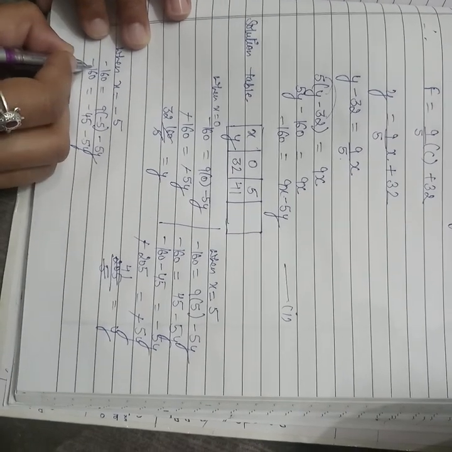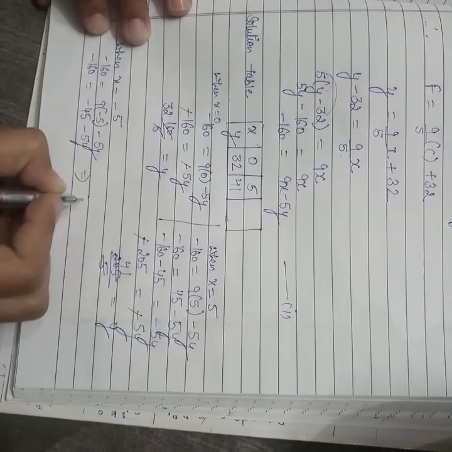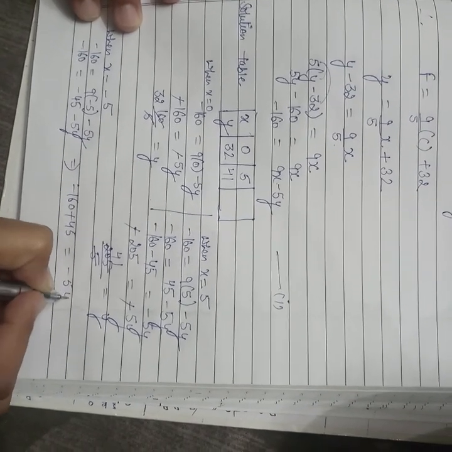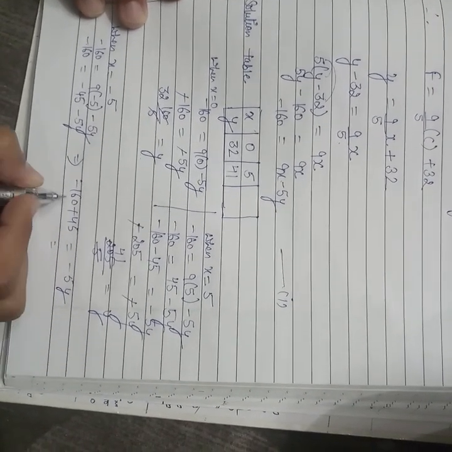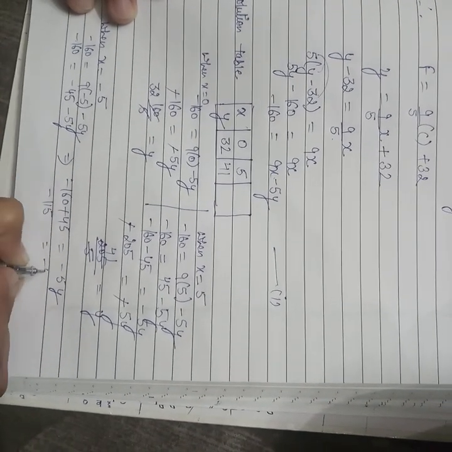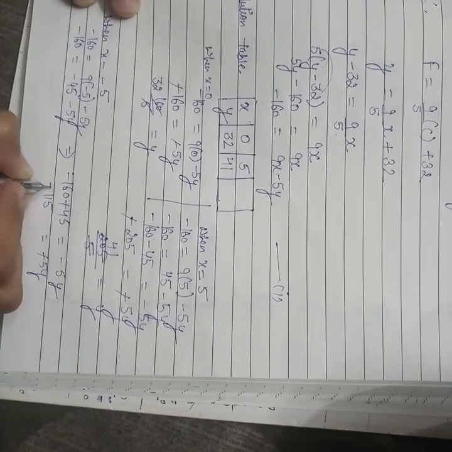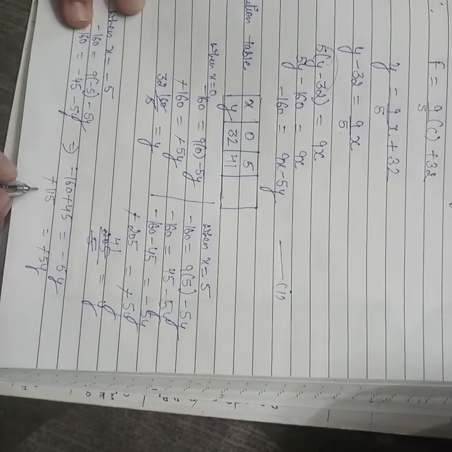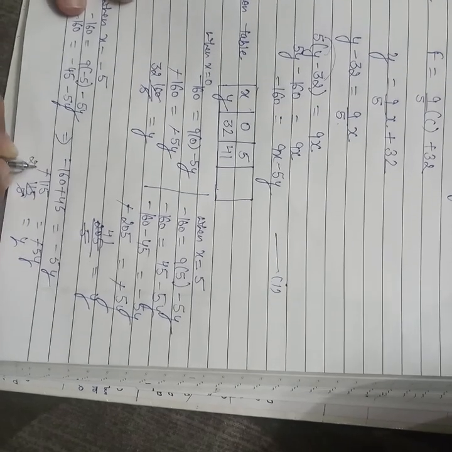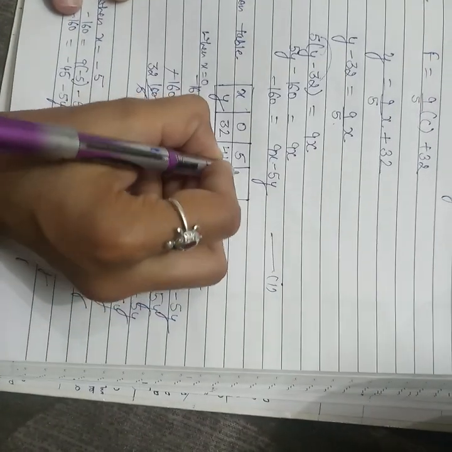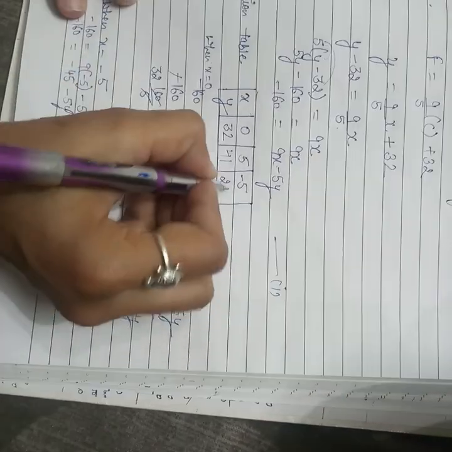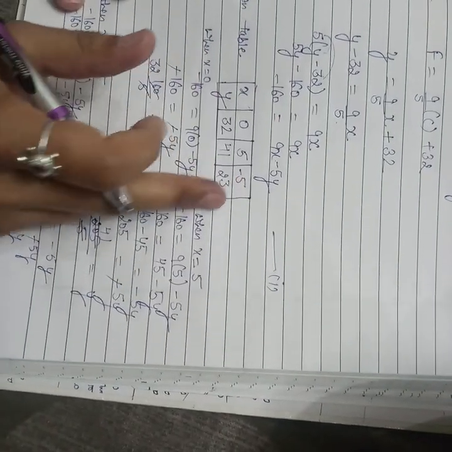Minus 45 changes to plus 45, then minus 160 plus 45 equals minus 115. Now minus 115 is minus 5y. Minus and minus cancel out, and when 115 is divided by 5, we get 5 2s are 10, 5 3s are 15. When x is minus 5, then y is 23. And this is the solution table.